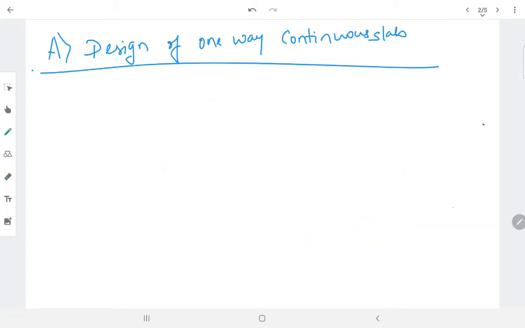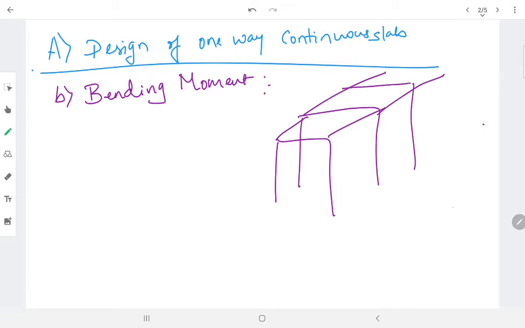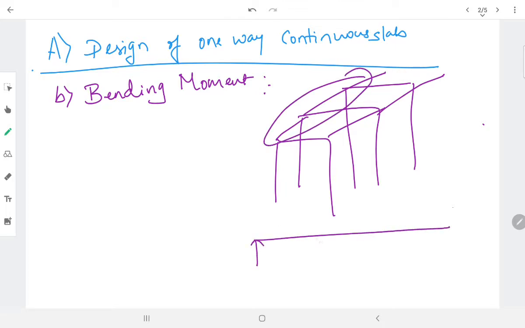After load calculation, we should move to the bending moment in the slab. So step B is bending moment in the slab. I'll put the heading as bending moment. Here if I draw that portal frames like this, it just goes on like this. Considering this part, if I draw this part, it will look like this, a continuous beam.